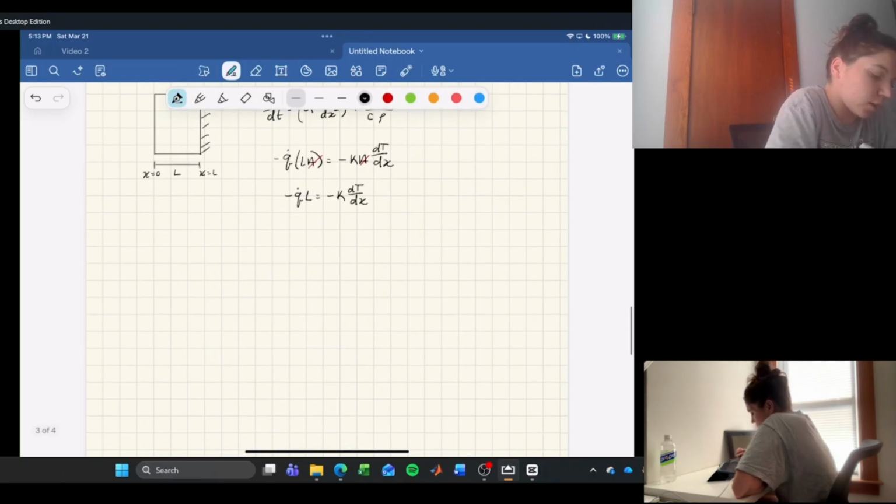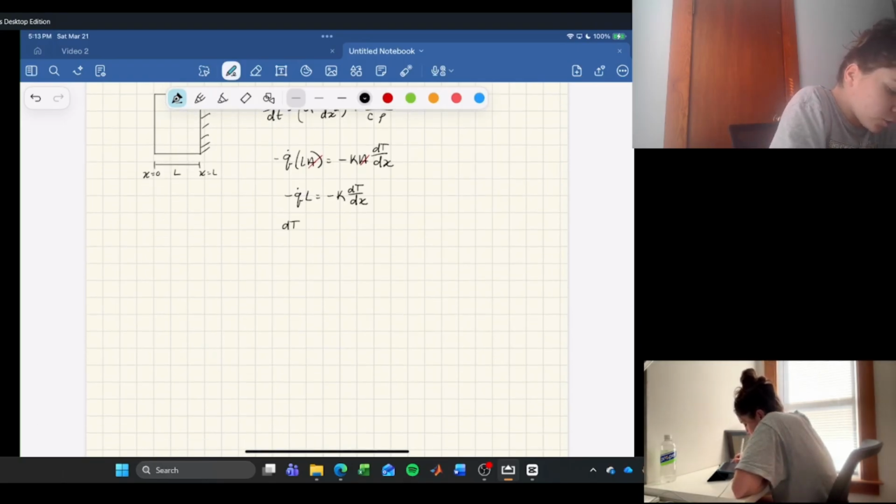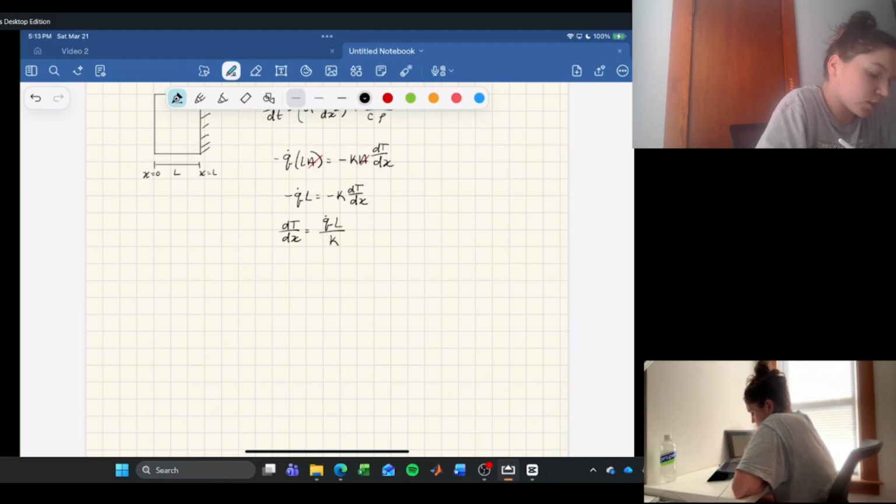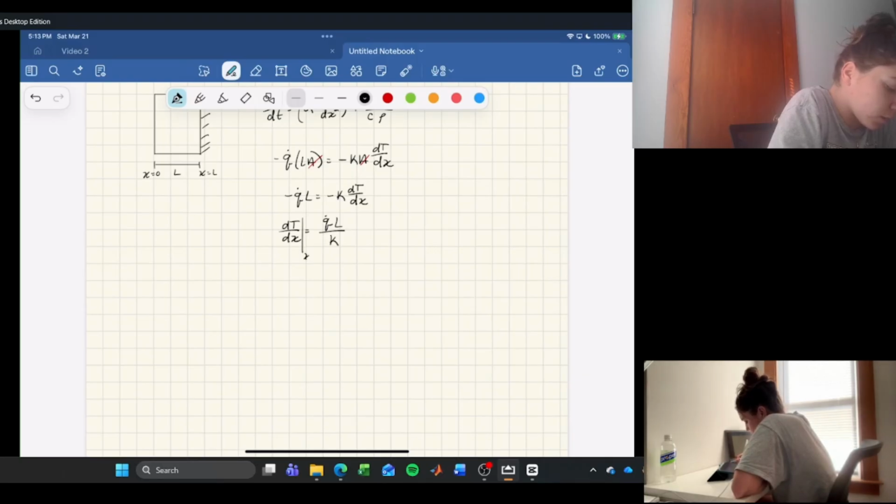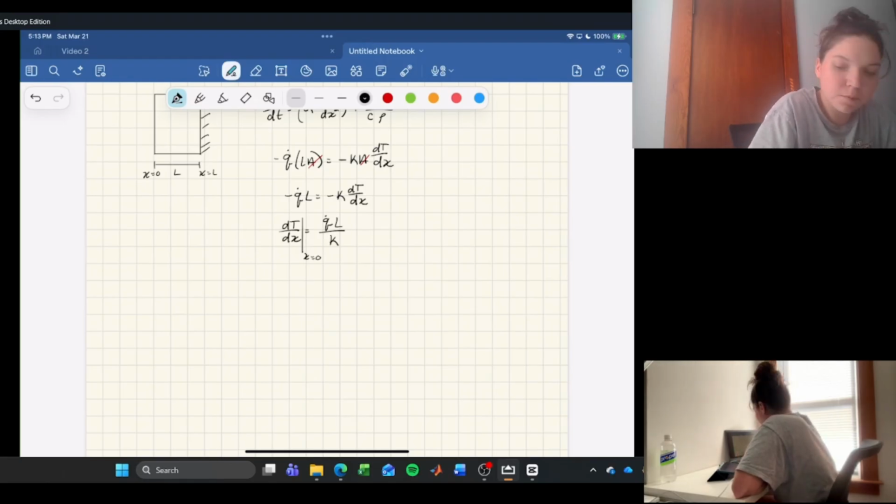So then we get that the change in temperature over the change in position is equal to the energy generated times the length over the thermal conductivity. And this can be evaluated at x is equal to 0 because that's going to be the left side.